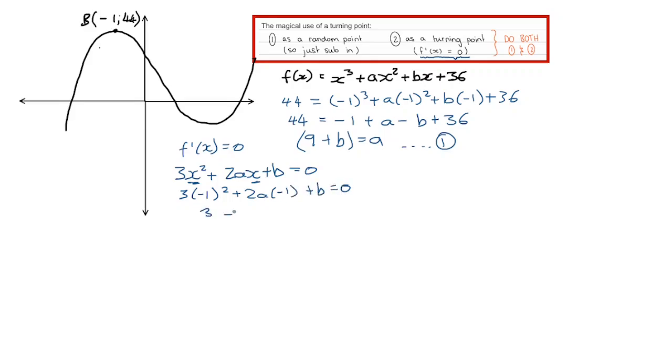So that becomes 3, that's -2a plus b, and I know that a is 9 plus b, so every time I see a, I'm just going to put 9 plus b.